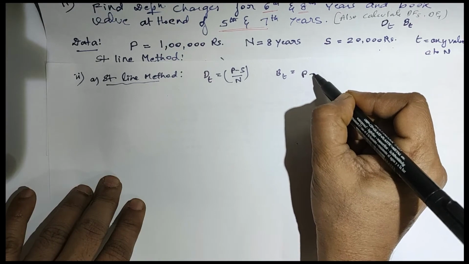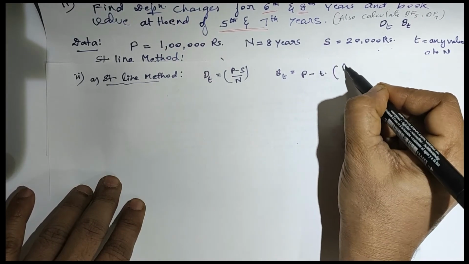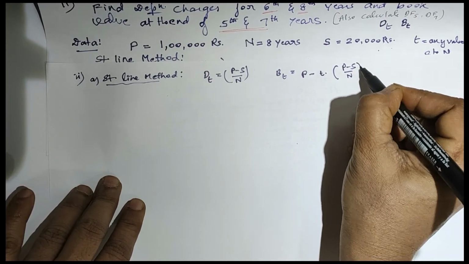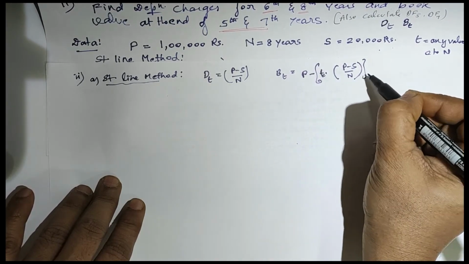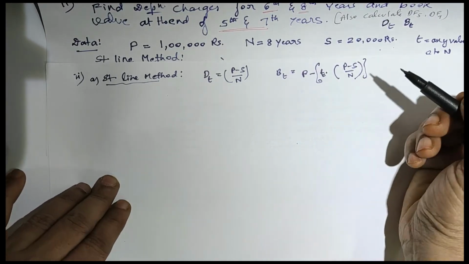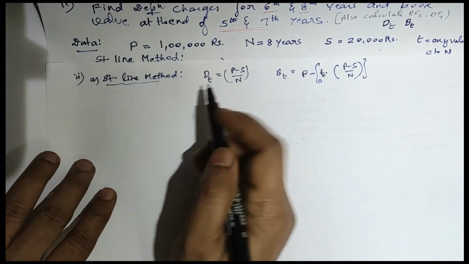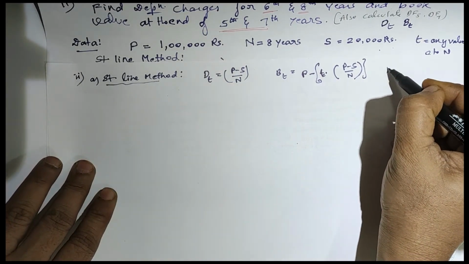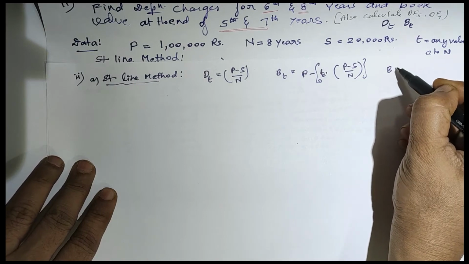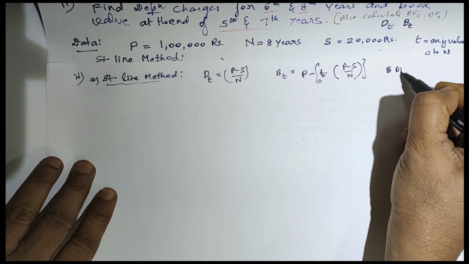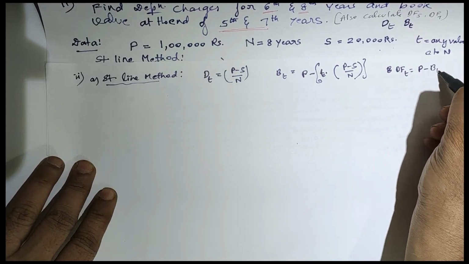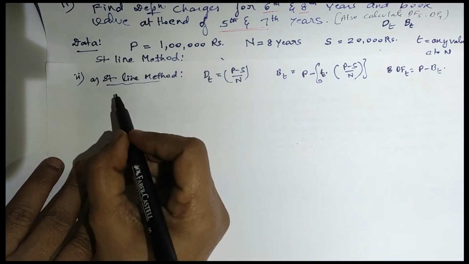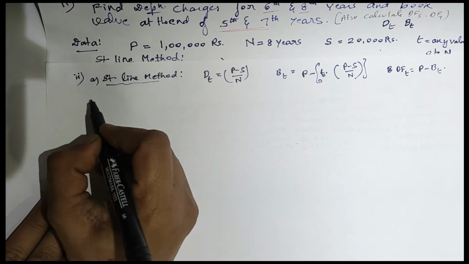So it is P minus t into P minus S by N. So this much to be calculated, subtracted from P. So when it comes to depreciation fund, then it is P minus current book value. So let us calculate now.